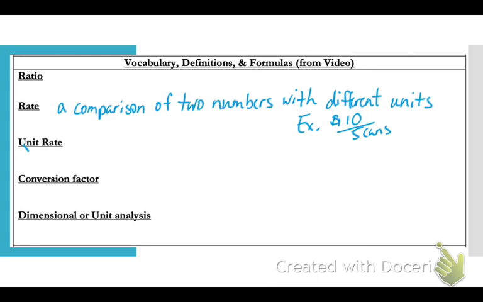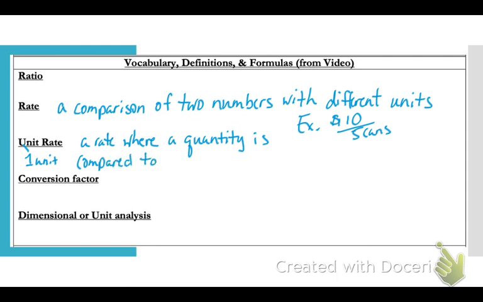Another helpful concept is a unit rate, and you can think of that when you hear unit rate as a 1 unit rate. So this is when you take that rate comparison and you divide it down to 1 unit. So the definition is it is a rate where a quantity is compared to 1 of another quantity.